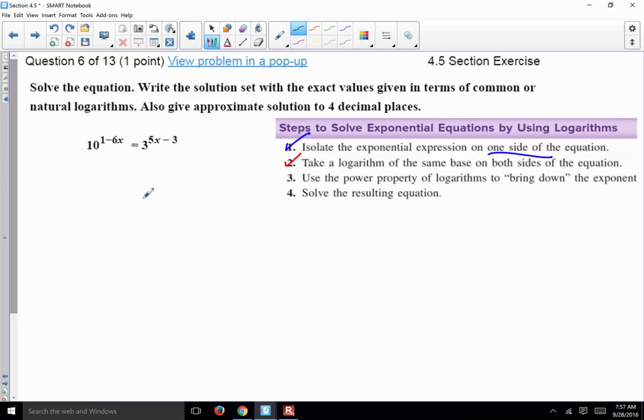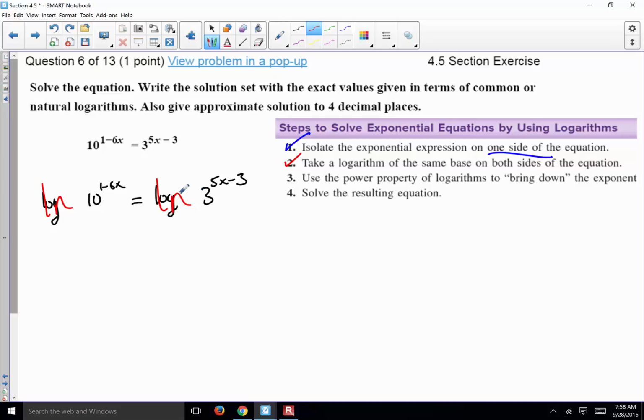However, you have options here. You can choose some base of both sides, but what base are you gonna choose? Are you gonna go with 10? Or, wait a second, I see 3. Are you gonna go with 3? Or are you gonna go with base E, in other words ln?